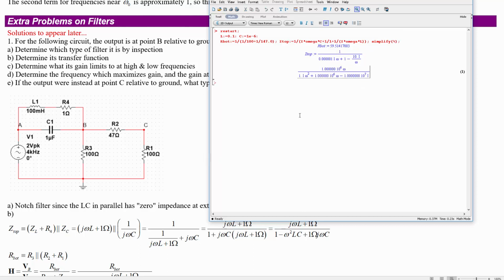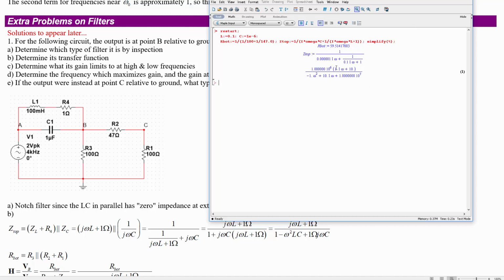And this is a little bit strange because we expected that 1 ohm term there. You know, okay, so they're not all in parallel. It's the inductor in series with the 1 ohm. So it's actually like that. Okay, that makes more sense.